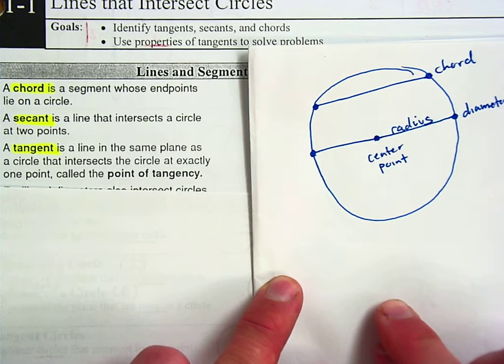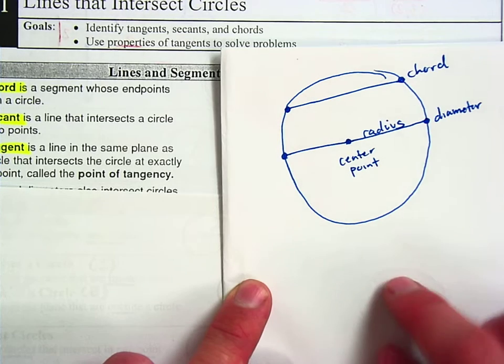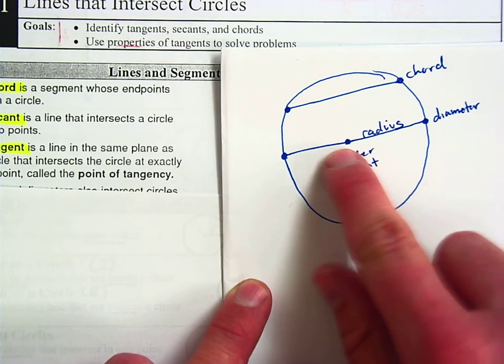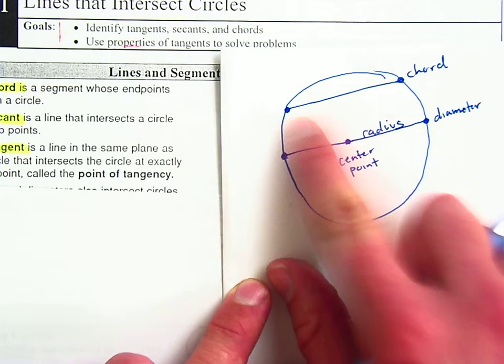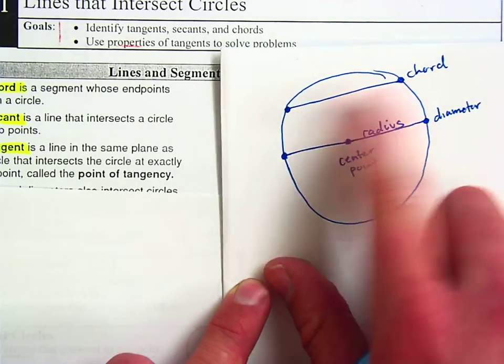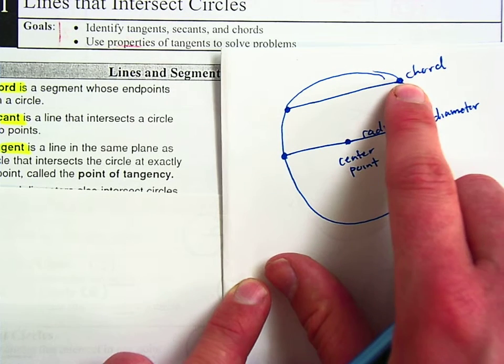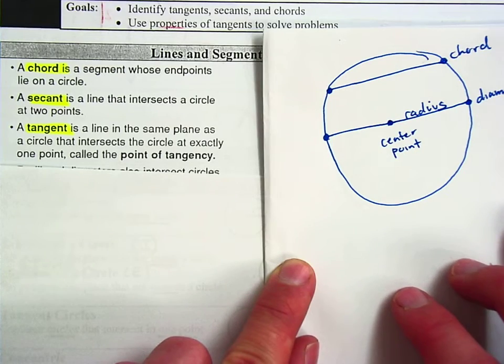It looks kind of like a diameter, a little bit. The only difference between a chord and a diameter is that the diameter goes through the center point. But this chord touches twice on the circle. Not only that, but its endpoints are on the circle, meaning that it doesn't go any farther. It ends on the circle.